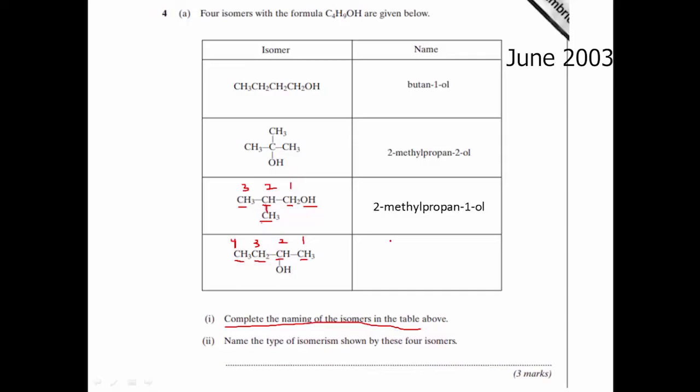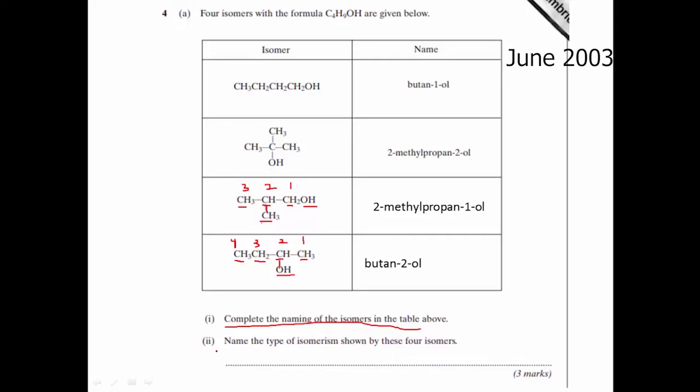As you can see, it has 4 carbons in the longest chain, so it's butane. And there's also an OH on the second carbon, so the name of this isomer is butan-2-ol.